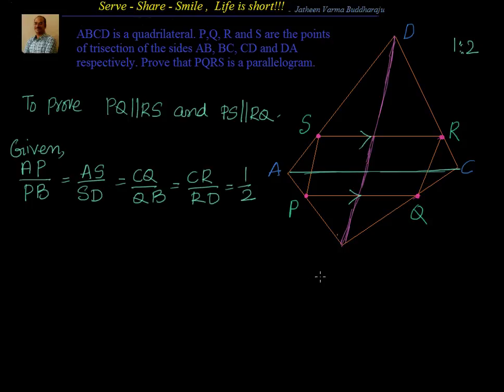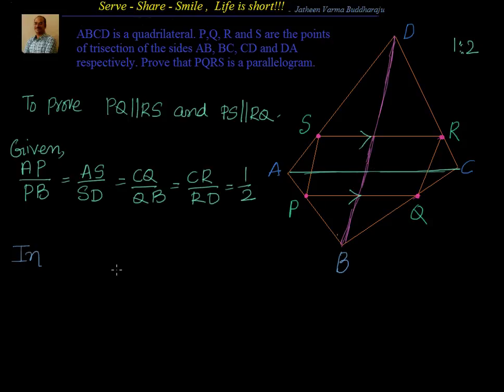Now we have joined B and D. So we want to prove now PS parallel to RQ. The first point will be to prove PS is parallel to BD, then RQ is parallel to BD, which tells me that PS is parallel to RQ. Now tell me which triangle I have to consider to prove PS parallel to BD.